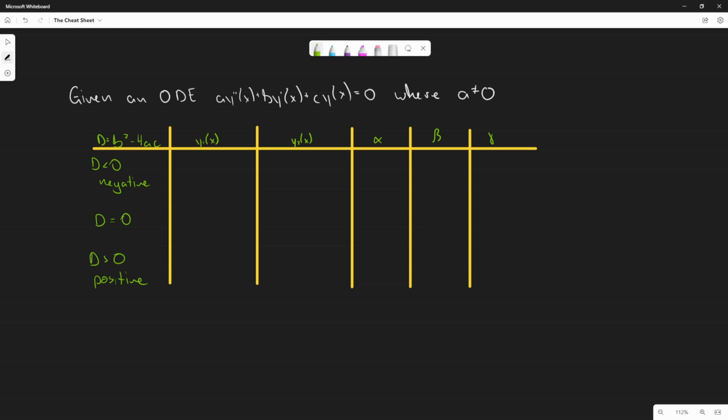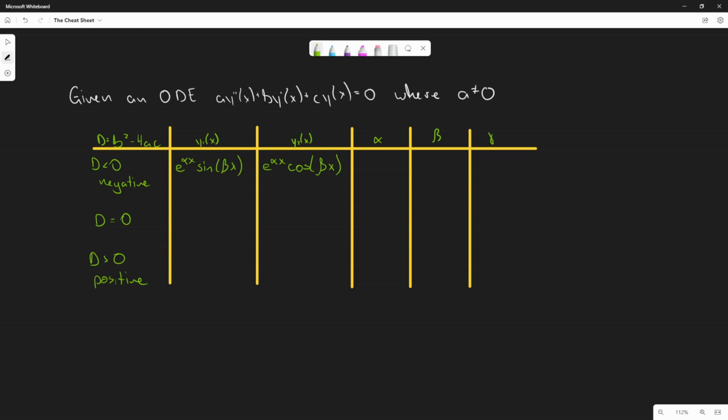So for the negative case, we are going to get the solution e to the alpha x multiplied by sine of beta x. And our second solution will be the same thing, the only difference being that instead of sine, it will be cosine. To find our alpha and beta, our alpha will be consistent throughout all three cases.